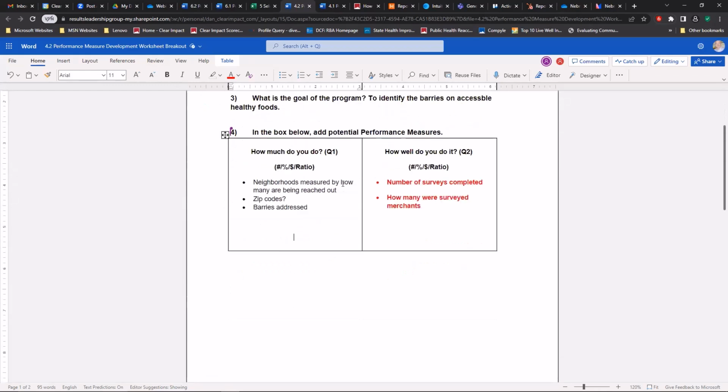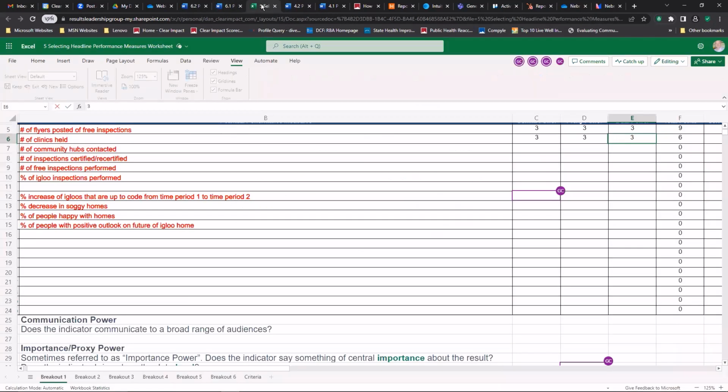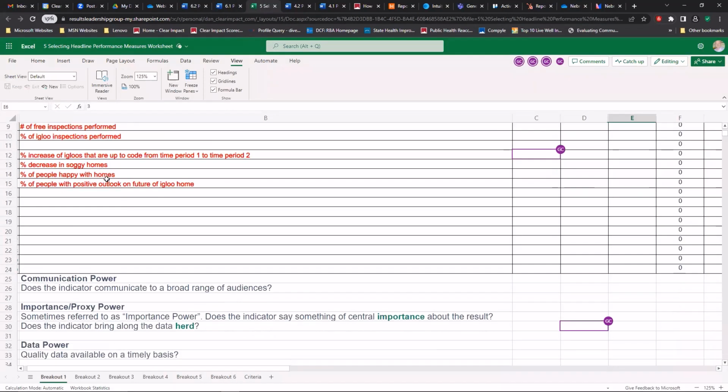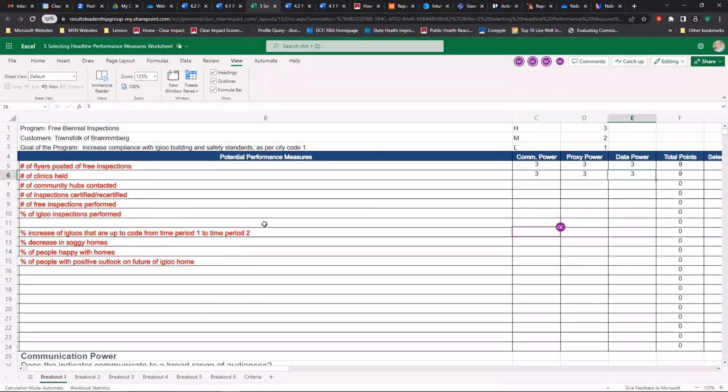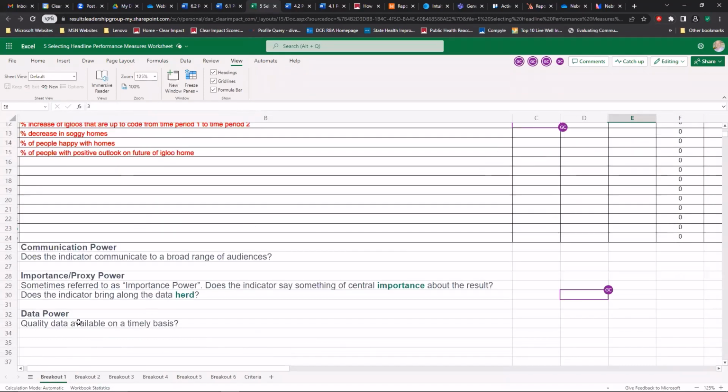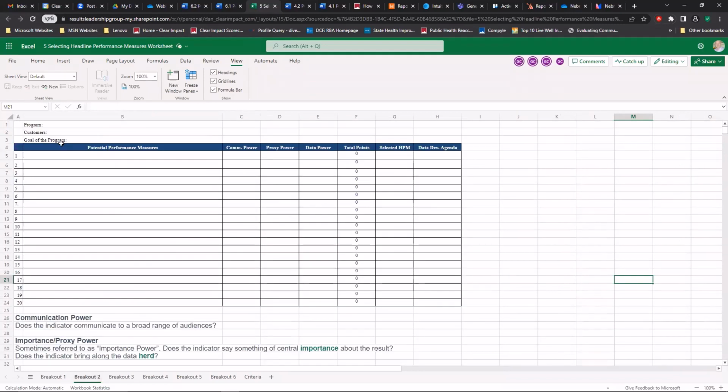And I assume what you mean here, because again, it doesn't start with a number sign or a percent sign, so it's not very clear. That's why, if you did this exercise with this initiative and put those there, you would realize that the communication power of some of those is not very high. And that's why that tool is helpful.